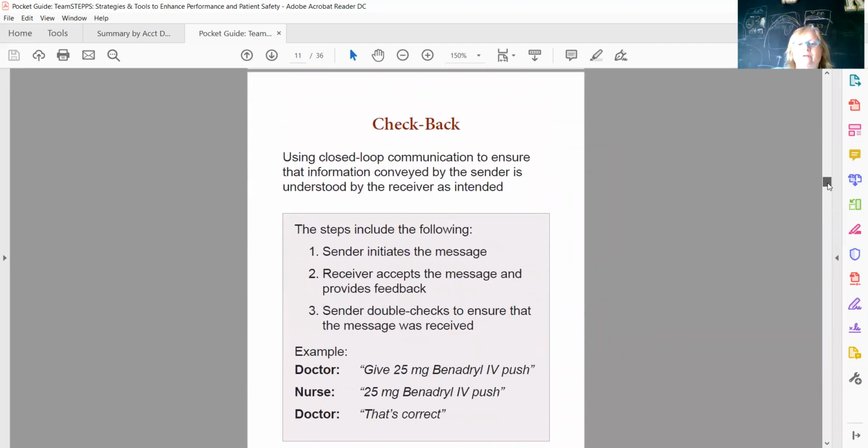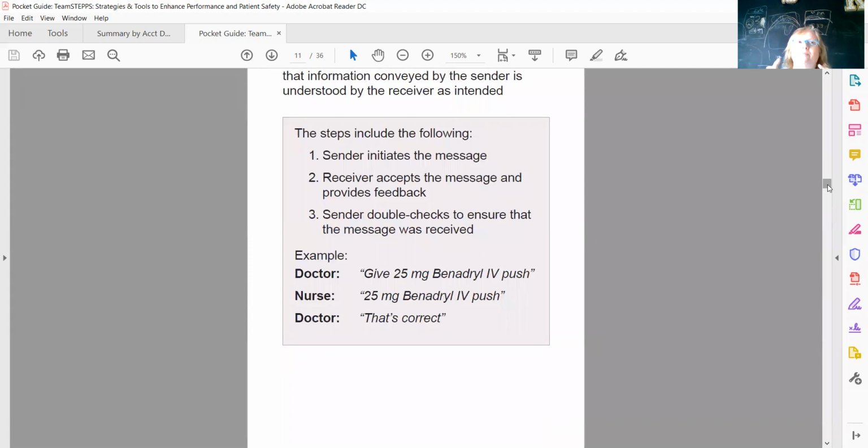Okay, really critical. The other thing is checkback. Checkback again comes back to the patient safety agenda. So when somebody is initiating that message, they need to not only hear the response, but acknowledge the response. And that means every member of the team knows that follow through to the initial request is accurate. This happens typically in a higher acuity situation.